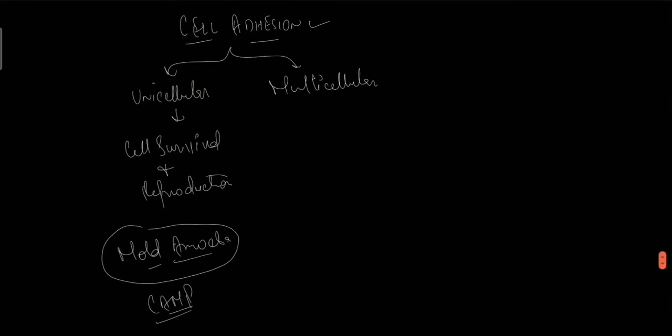The second part is how cell recognition happens in case of cell adhesion in multicellular organisms. We will see that. In multicellular animals or tissues also, if a tissue dissociates into single cells, these cells recognize their own tissue cells and try to adhere to the same cells.